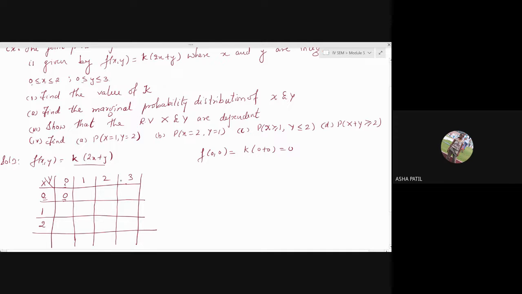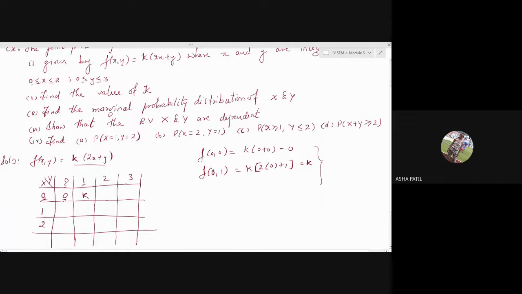Next one, x is 0 and y is 1. It is k times 2 into 0 plus 1, so you will get k. Not necessary that you write all this in detail, just for you to know I am writing. Now here you get k.